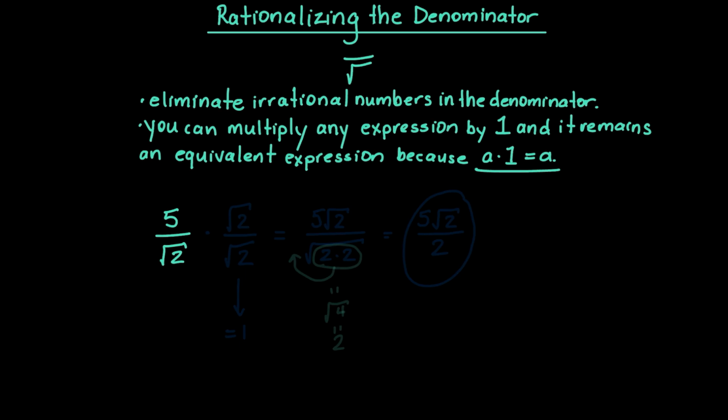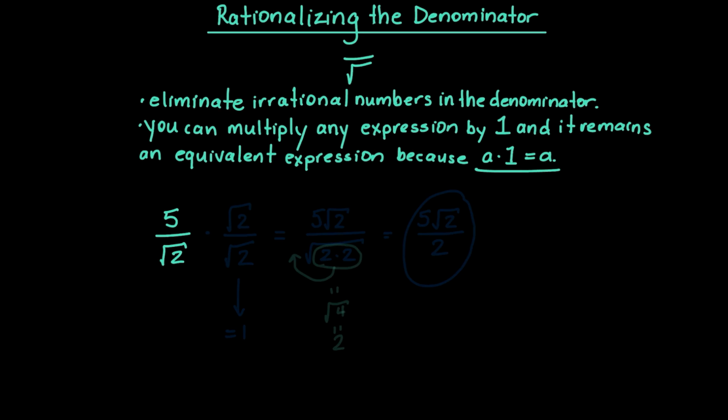The trick that we use in math is you can multiply any expression by 1, and it's going to remain an equivalent expression because anything times 1 is equal to that same thing. That's our identity for multiplication. So we use that trick a lot, and rationalizing the denominator is one of the times that trick is used.